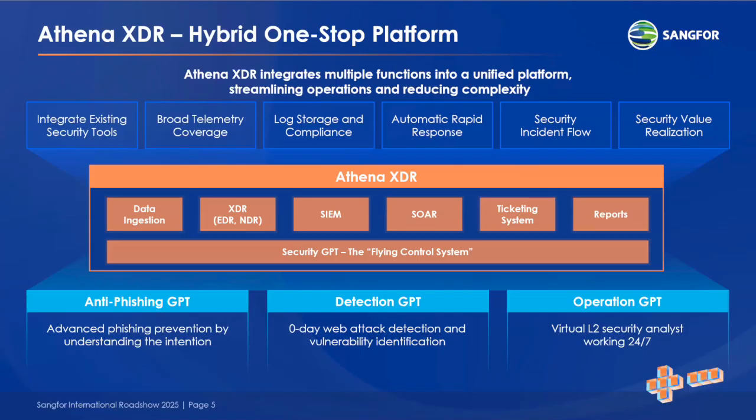Yes, we also provide a built-in ticketing system, which means security issues become cross-department work, so different departments can interact through the ticketing system. It supports you in building the IT service process, and also the reports. We provide customized reports, which are also important for customers.